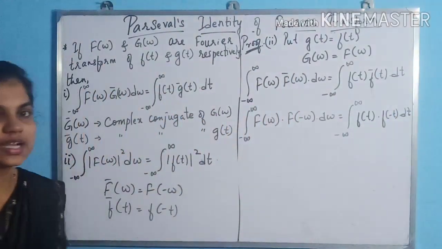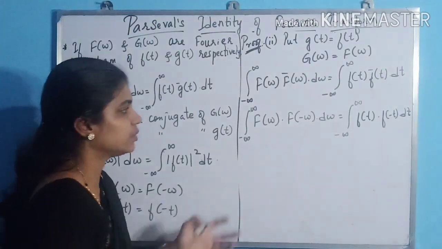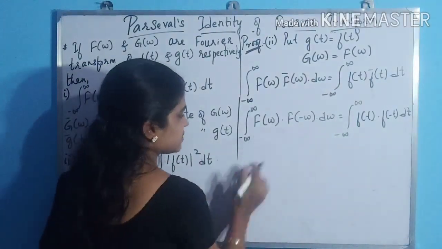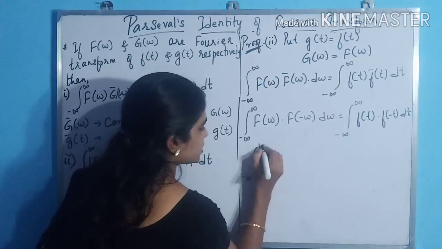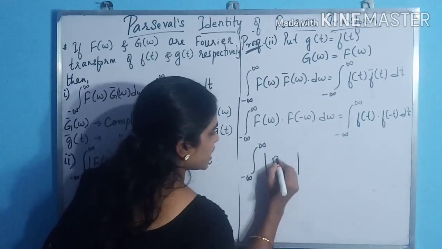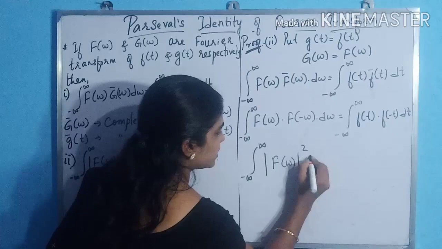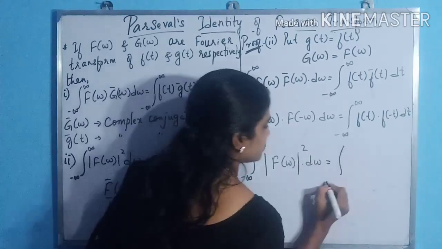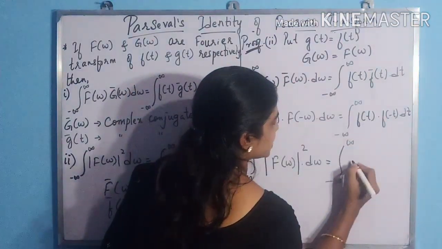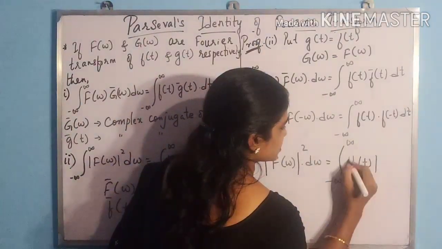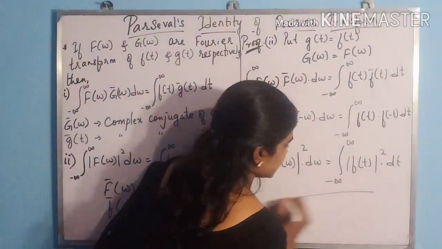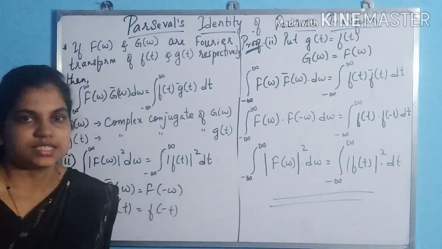So to get the accurate value, I'll just put the mod there, and this will be the integral from minus infinity to plus infinity of mod of F of omega square d omega, which is equal to the integral from minus infinity to plus infinity of mod f of t square dt, and this is our identity.